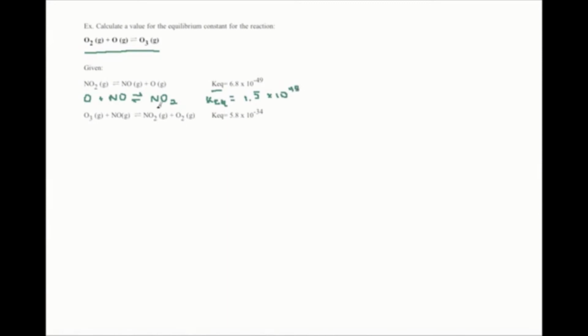Now, if you look here, I want O3 on my product side, so I'm also going to have to flip this reaction. So I'm going to do NO2 reacts with oxygen, and it forms O3 and NO. Since I flipped this reaction, I also need to flip my equilibrium constant by finding the reciprocal of it.